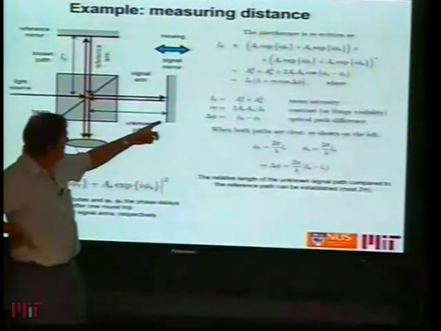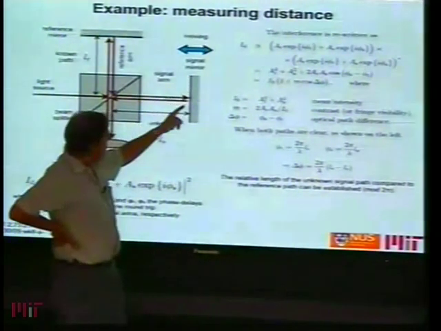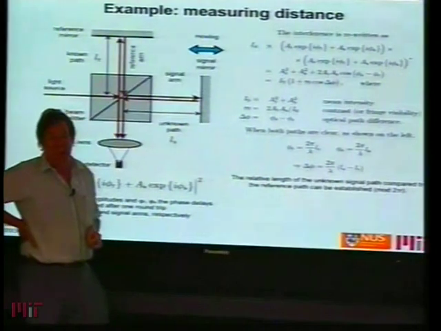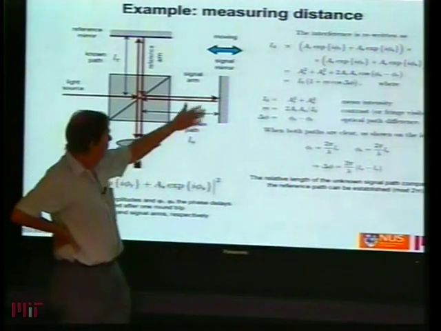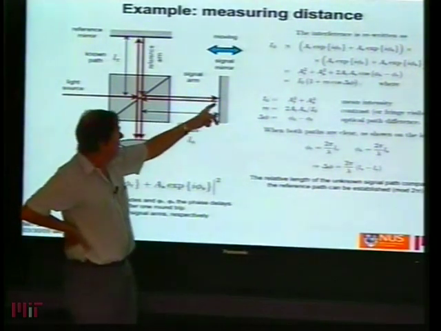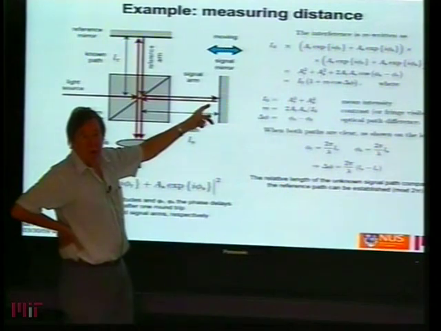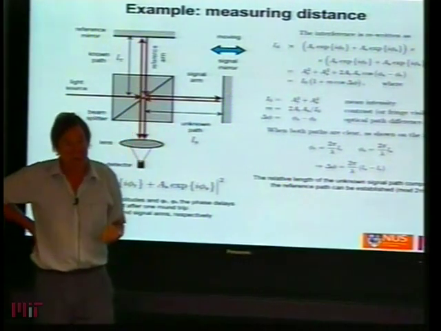Well, imagine this might not actually be a flat mirror. It might actually have some structure there, in which case you could measure what that structure is, right? Or if it was a mirror, you could use this to accurately measure the distance of this mirror, how far away it is from the instrument, so to speak, right?